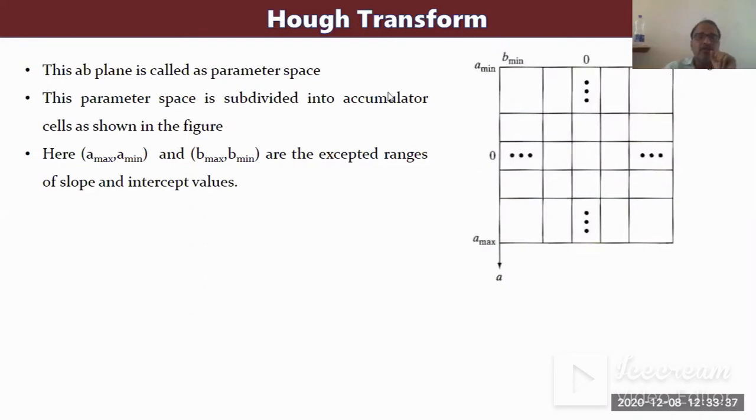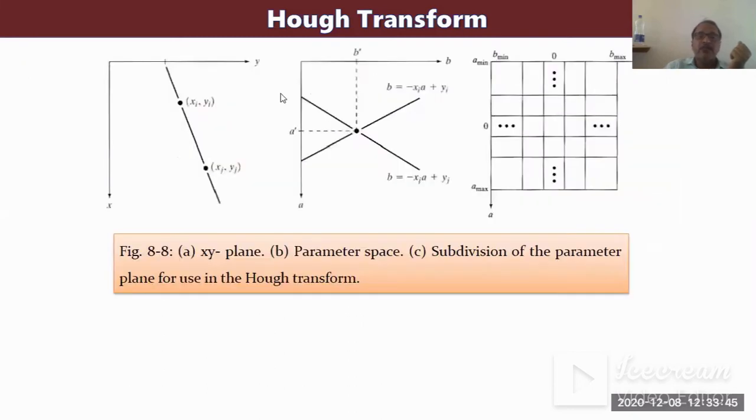Okay, so this is the XY plane which passes this single line. This line will be converted to the AB plane. So it has one single point and there are a number of lines. So this space will be converted. Now this space that will be converted in this form, and this point will be identified as a parameter.